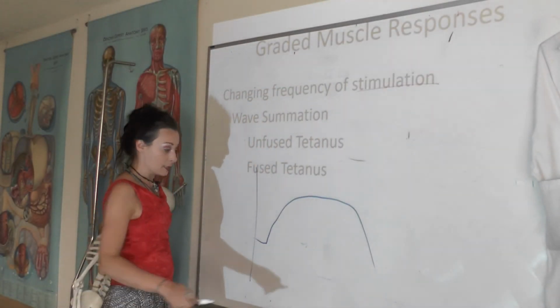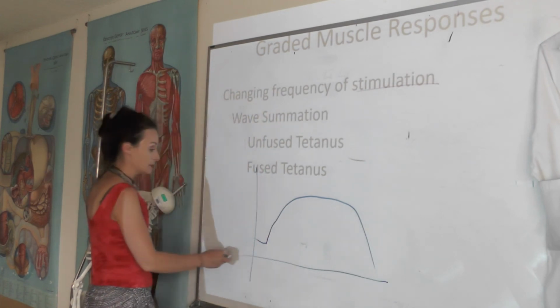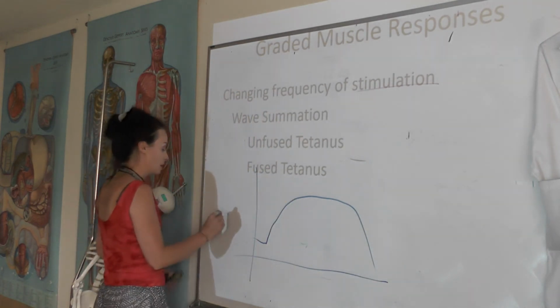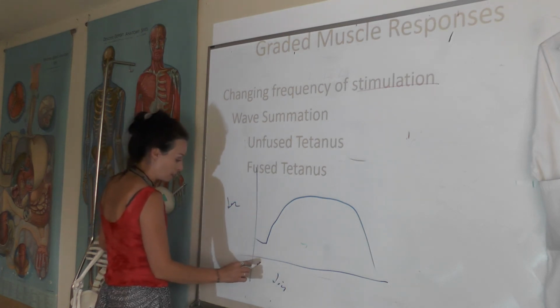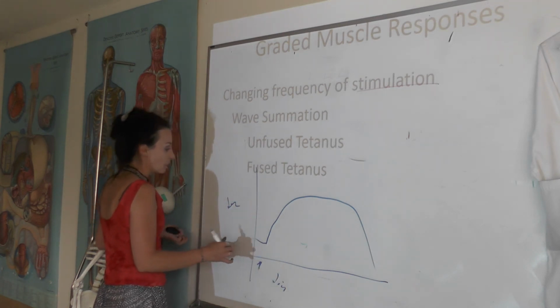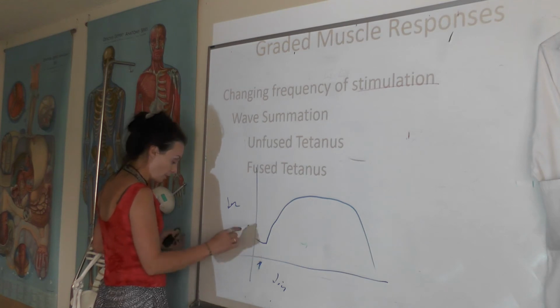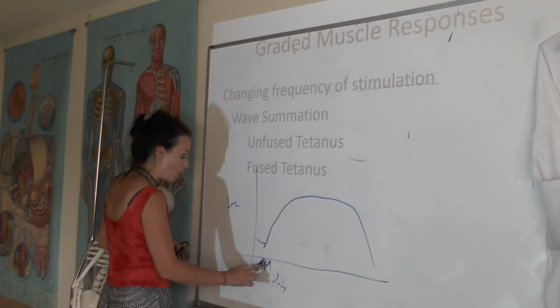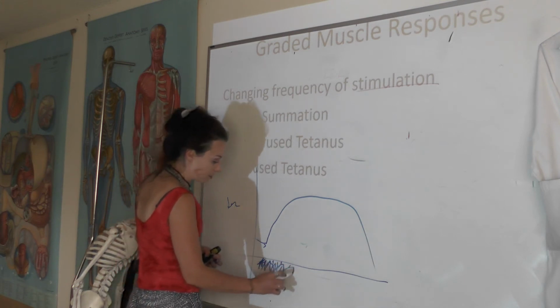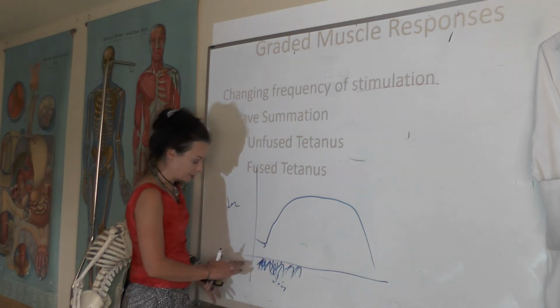The point is, in fused tetanus, what happens is you fuse your tension. So again, we're looking at time and tension, and if here's our first point of stimulation, then we'll see a slow latent period. But now there is absolutely no period of relaxation.